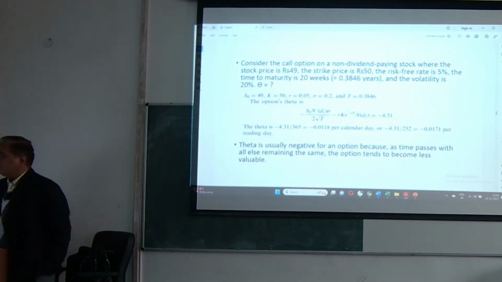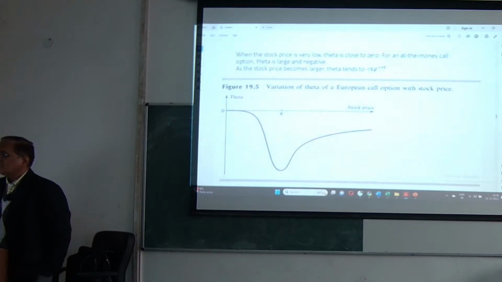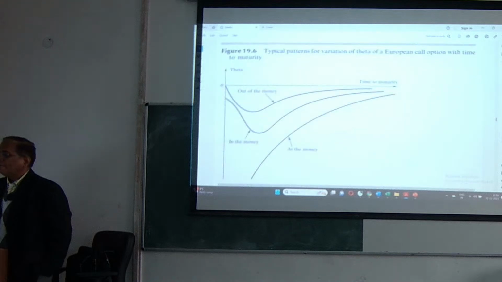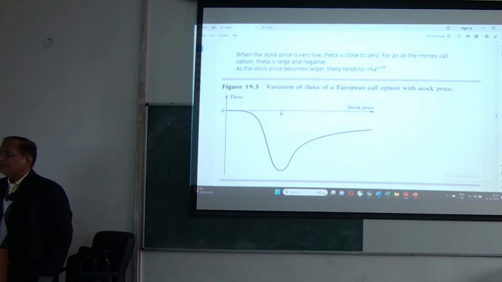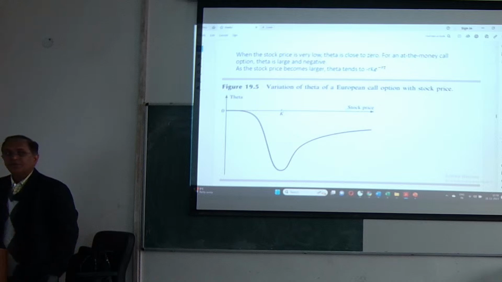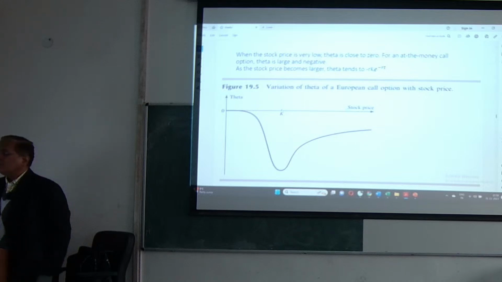You can go through these theta calculations and look into how much is used. All this shows how time decay works as time passes. Here is the variation of theta of a European call option with the stock price.